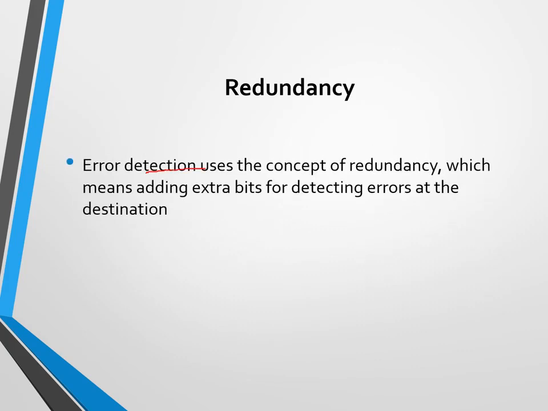Error detection uses the concept of redundancy, which means adding some extra bits to detect errors at the destination. One error detection mechanism that would satisfy these requirements would be to send every data unit twice, so the receiving device would be able to do a bit for bit comparison between the two transmissions. Any discrepancy will indicate an error, and an appropriate error correction mechanism should be set in place.